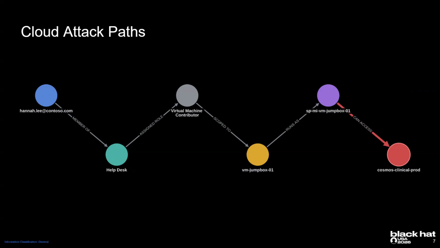If an attacker is able to compromise that starting user, they can abuse this Azure RBAC role that they got through that group membership to run code on that VM. So they can steal the managed identity token, become that managed identity, and then access that database and exfiltrate confidential information.